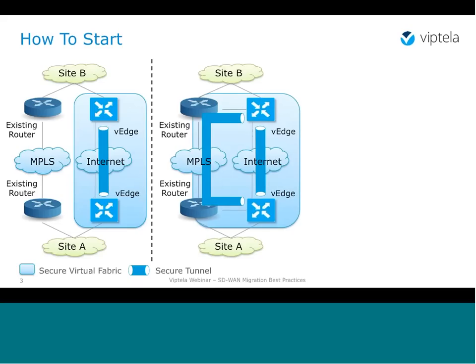A more meaningful starting point is that you extend your SD-WAN network across both your existing transport, which is primarily MPLS, and your broadband transport. In this case, you build connectivity across your existing routers, across your existing CPEs, to establish this active path.